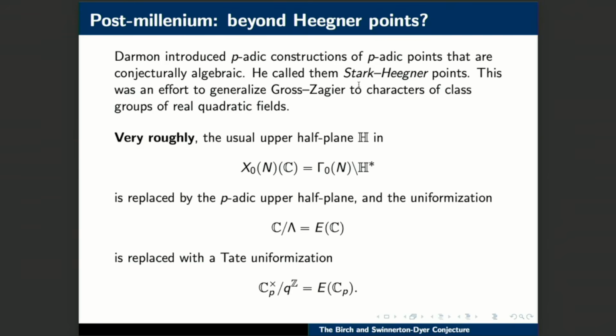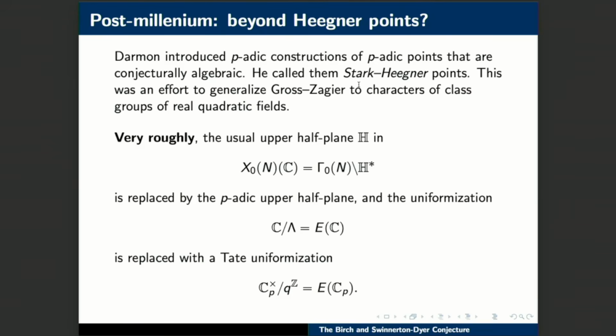And somehow under this uniformization, which a priori is just giving you complex points, these points were algebraic. That's something that was proved by the theory of complex multiplication. So Henri was looking for the p-adic analog of that.